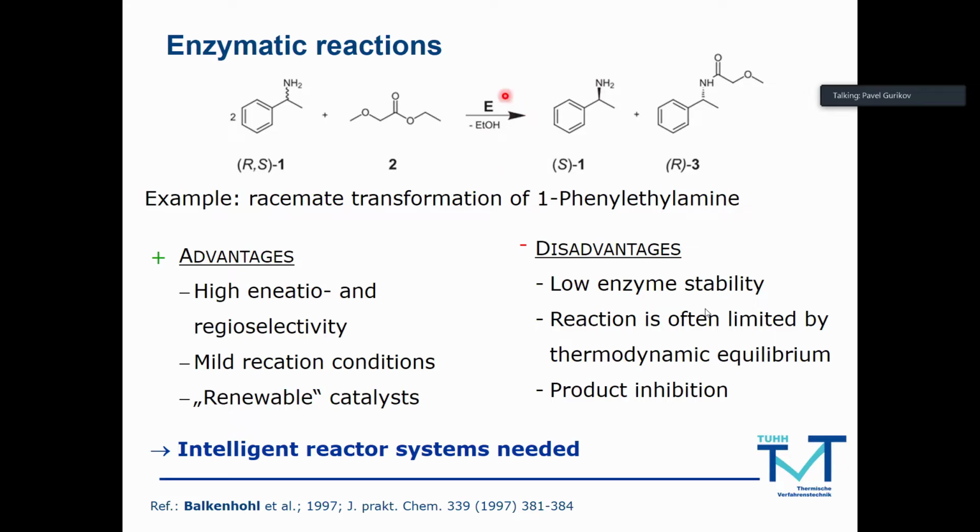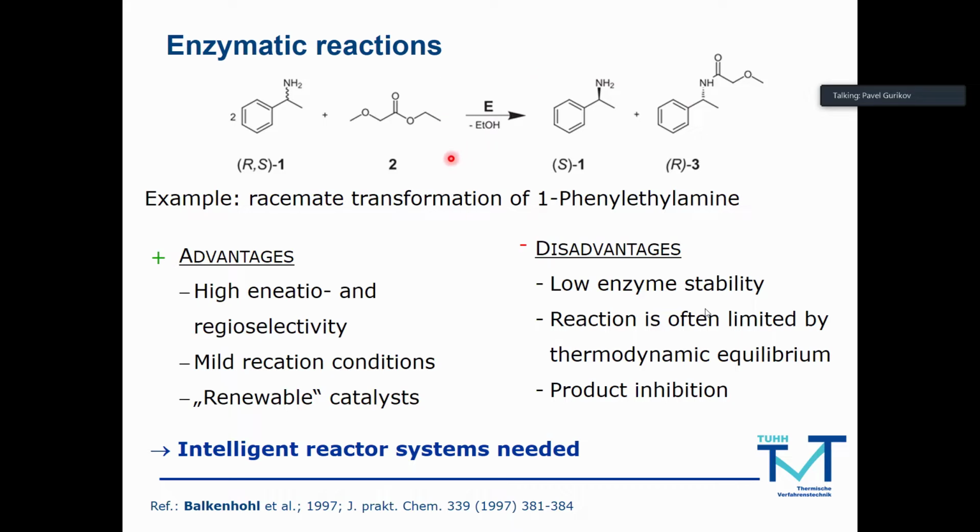Being selected as a catalyst has many advantages, because it is very selective. And when it comes to optically active compounds, it can catalyze the reaction of only one isomer. Yeah, so you have here a mixture of two isomers, and only one reacts. This is the product, and the other remains in the reacting mixture.